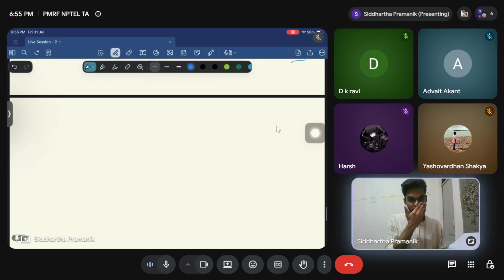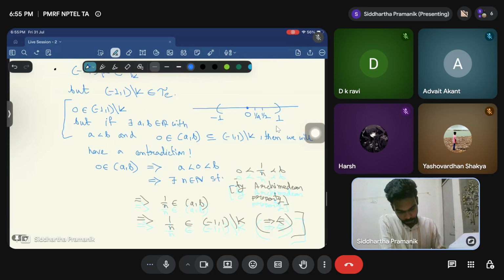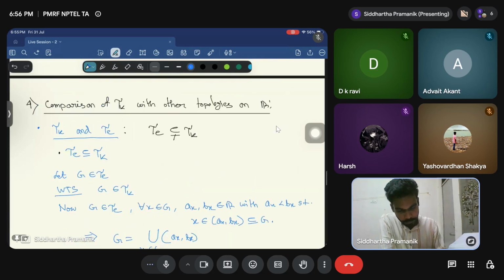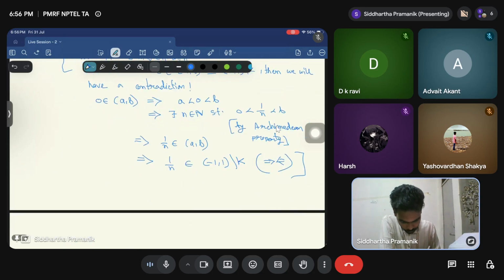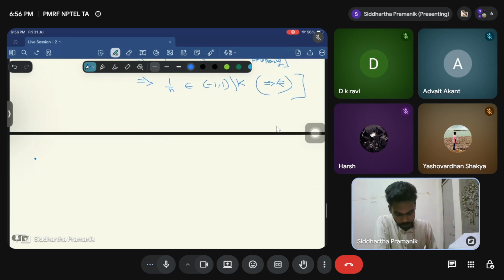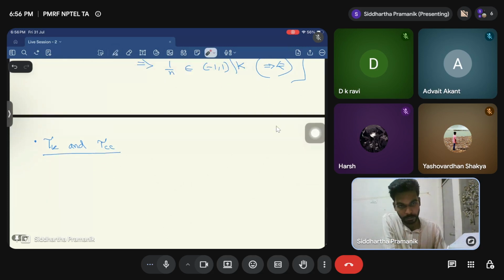Okay, any other questions? So we have compared the K topology with the Euclidean topology. Now let's compare the K topology with the co-countable topology. This is the collection of all the sets whose complement is countable, right? That is the definition.